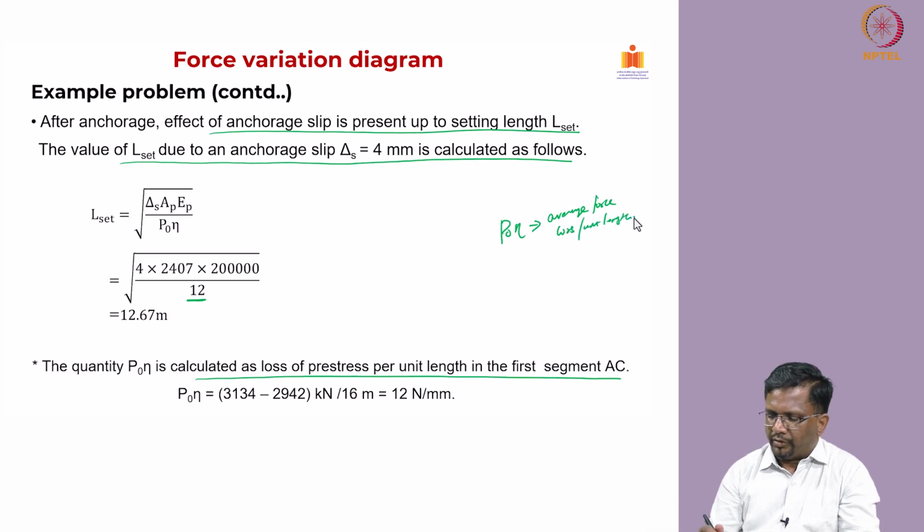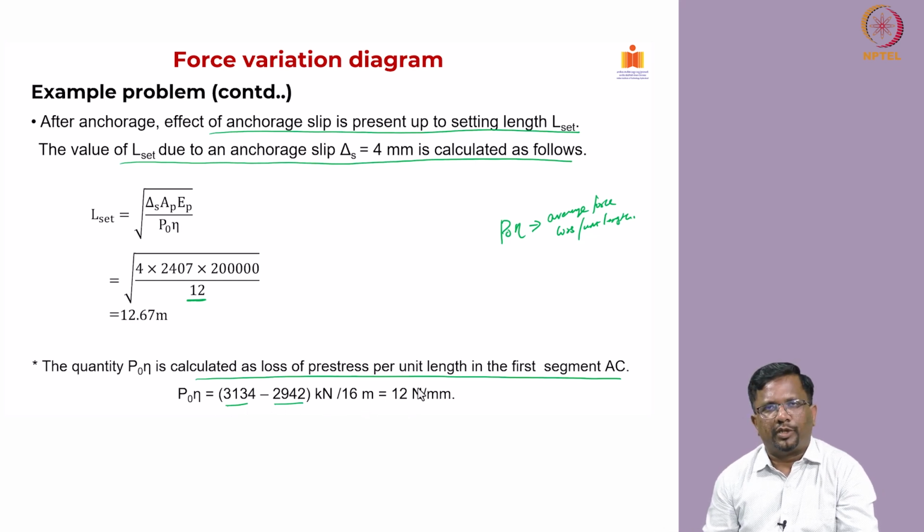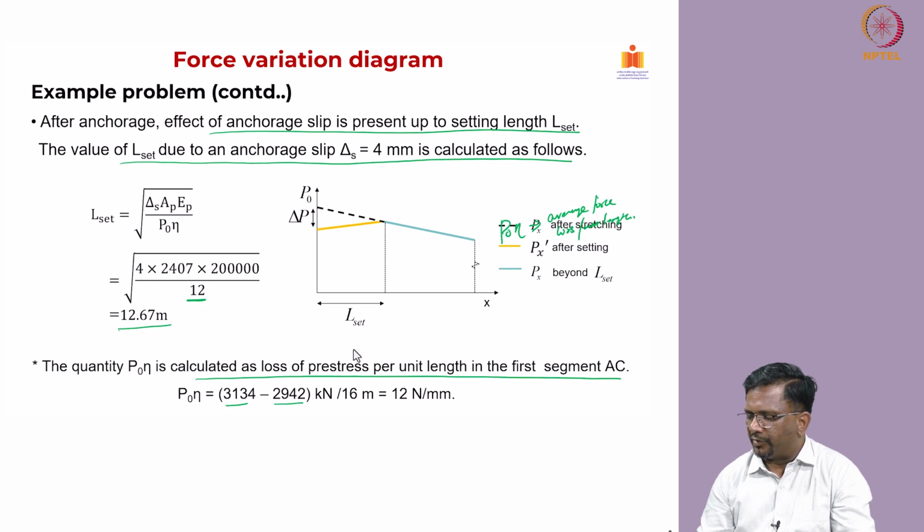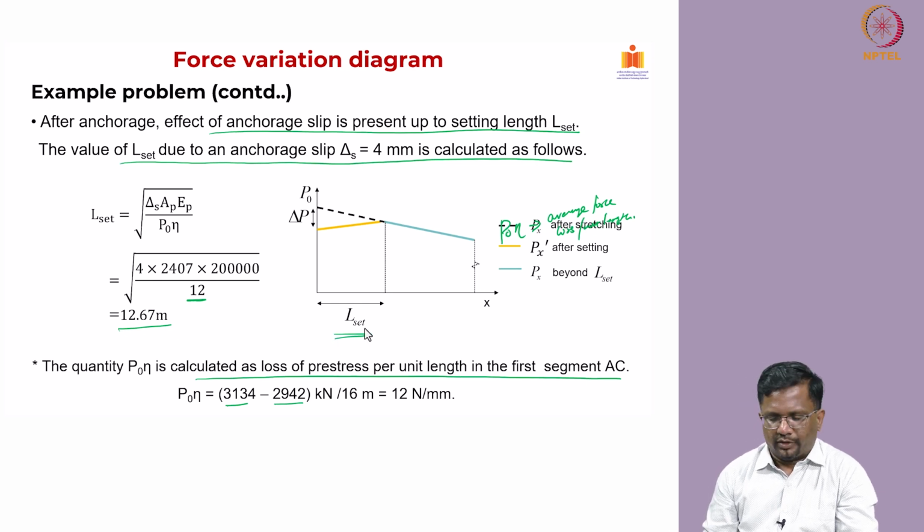Okay. So, if you go back to that, the first force was 3134, at point C it was 2942. If you divide that by 16 meter, I get 12 Newton per millimeter. If I put that value here, I get my setting length as 12.67 meters. Okay. If you go back, this is what the setting length was, right.